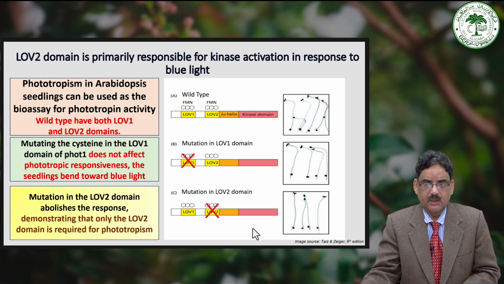This is due in part to the position of LOV2 within the phototropin molecule, where it is coupled to a protein region known as the J alpha helix that is important for propagating light-driven changes within LOV2 to the kinase domain.